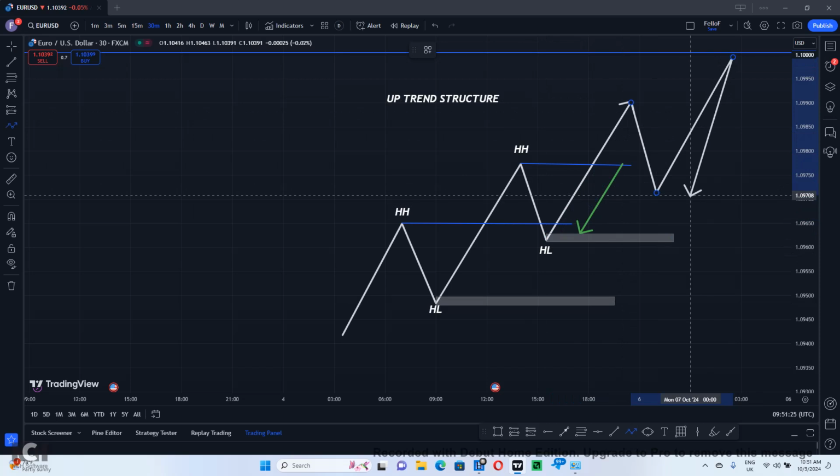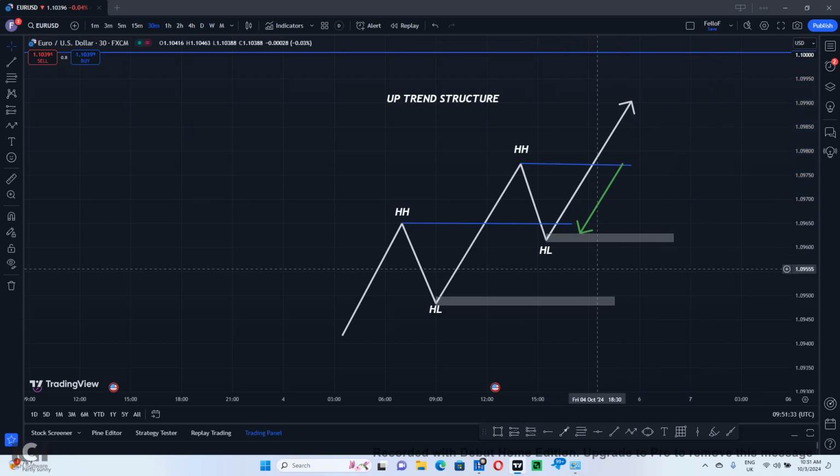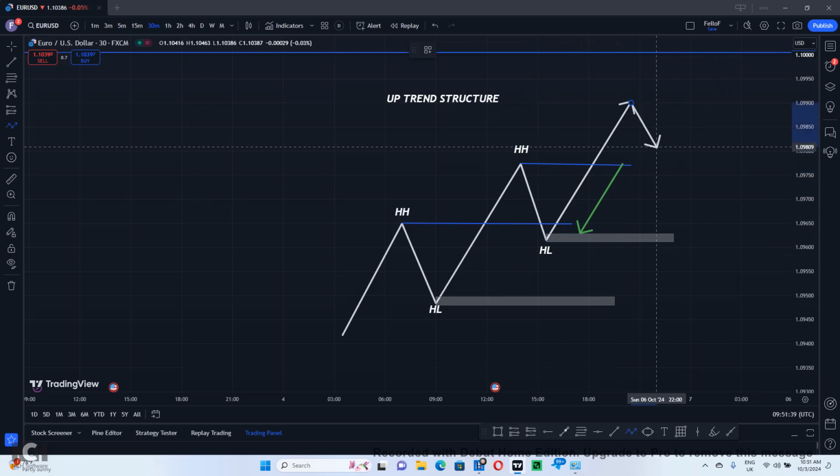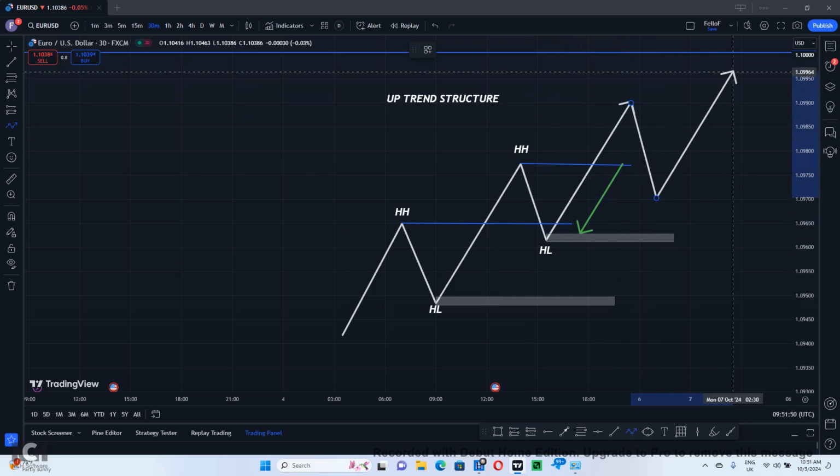So at this point you see, let me just take it out and take it all over again. So what I'm saying is, we're hoping that price should do something like this, come down and create a new higher low to start rising.